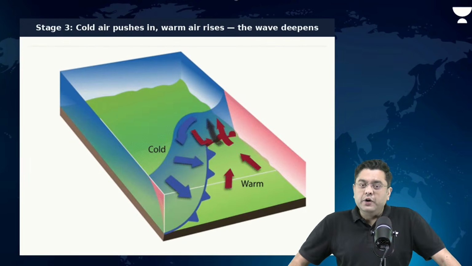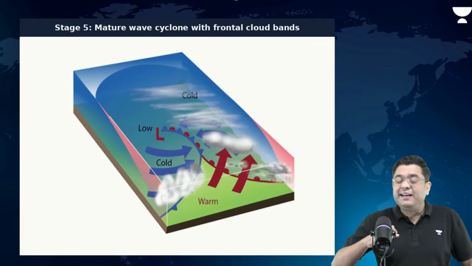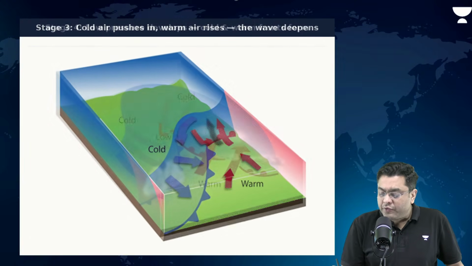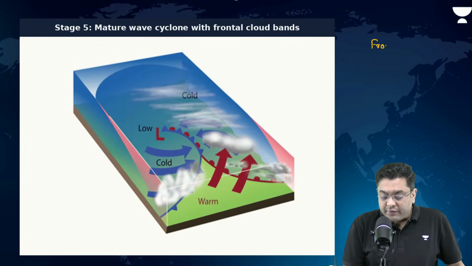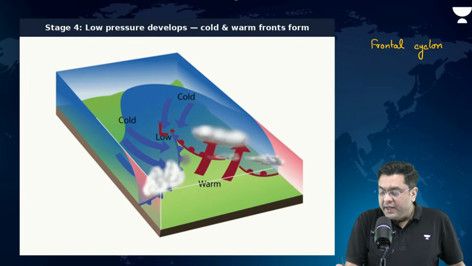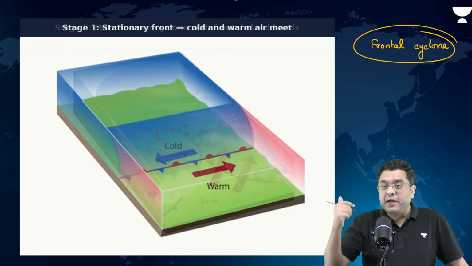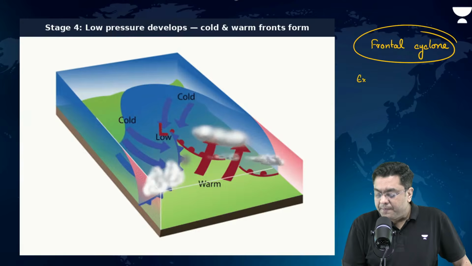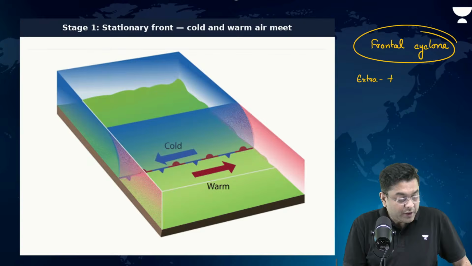Okay, because this gets created across the entire region of a front, that is why this is also referred to as the case of frontal cyclone. It gets created beyond the tropics in the temperate areas, hence known as extra tropical cyclone.